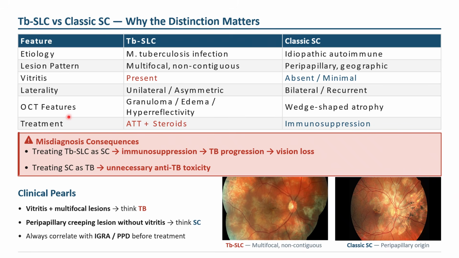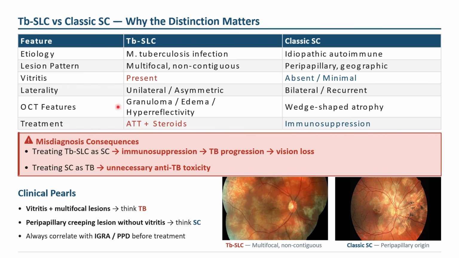And the characteristic feature in the OCT, you will see the granuloma, edema, and hyperreflectivity. However, in the classical variety, you will see wedge-shaped atrophy of the outer retinal layers because of the long-standing nature and the recurrence of the problem. Now, the distinction is important. Why?